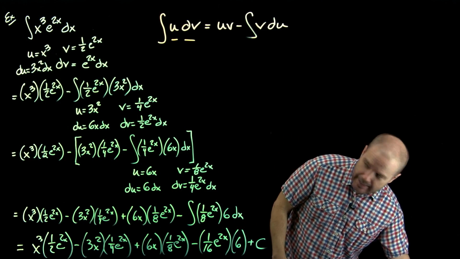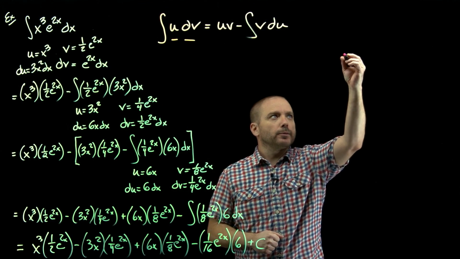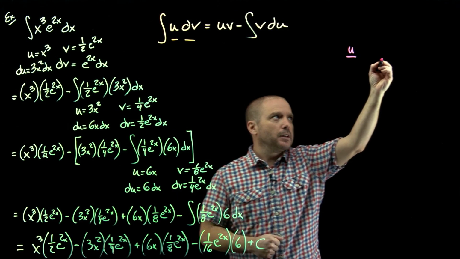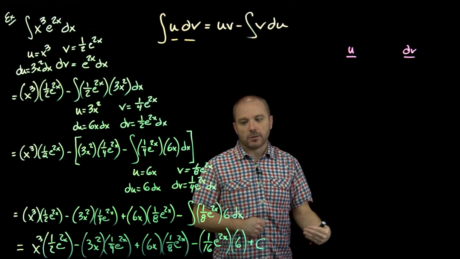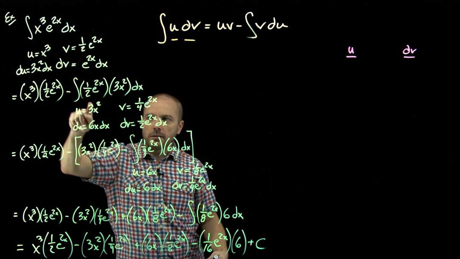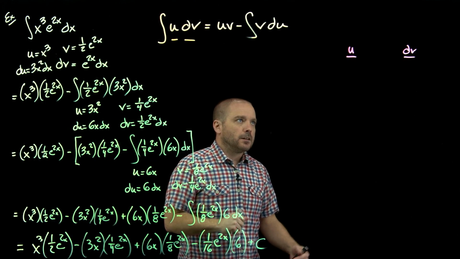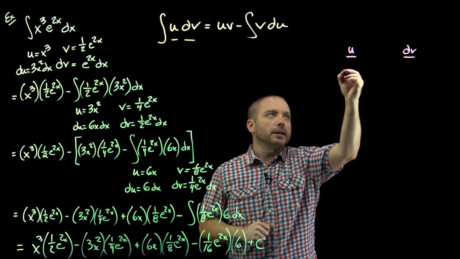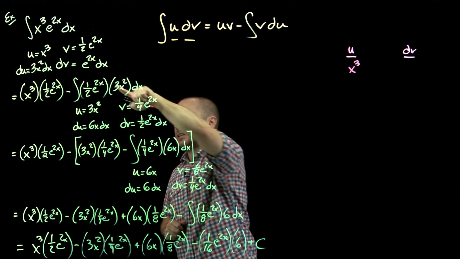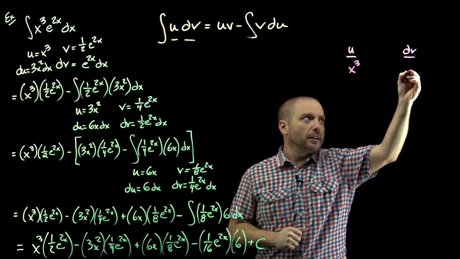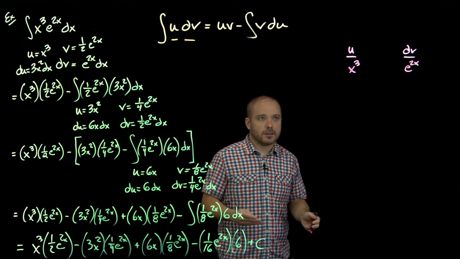So instead, we can do just sort of a bookkeeping approach of what are all those u's as you go, and what are all those dv's as you go. So we start off with u being x cubed, and dv is that e to the 2x dx. I'm just going to write the e to the 2x for shorthand.